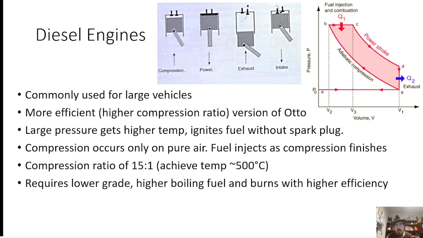At the point where we're at the top of the compression, we're injecting our fuel. And because you're injecting the fuel into this high temperature, highly compressed gas, it auto ignites and you get the power stroke. So it combusts from B to C and you get the power stroke down to D. And then we allow the exhaust gas to flow back out all the way to E, and we're ready for the intake again.